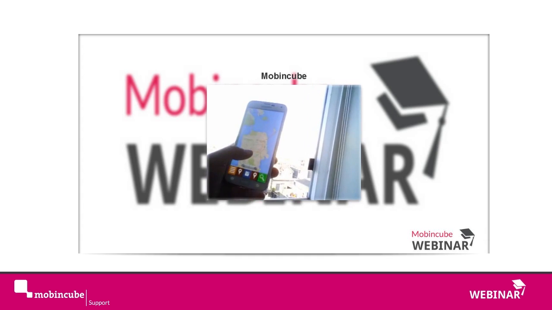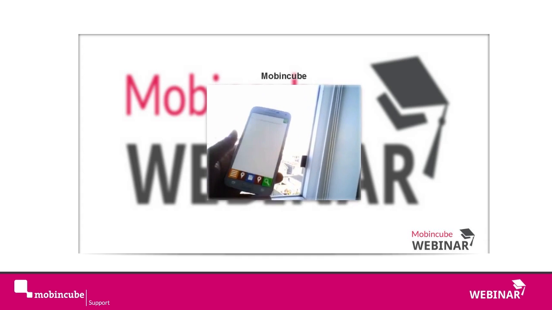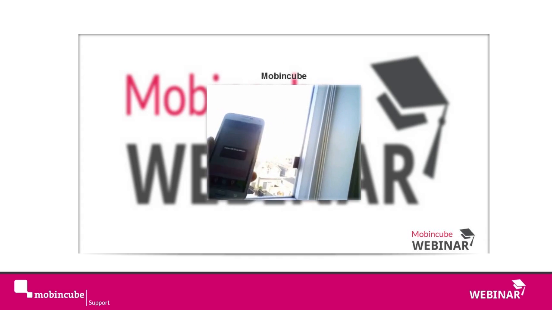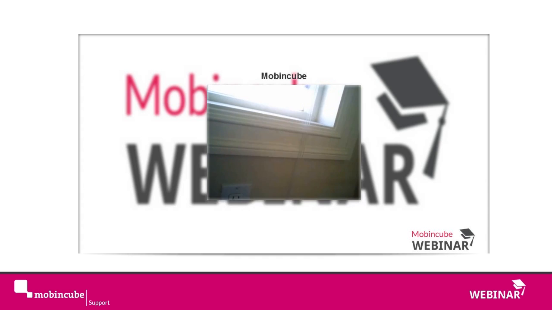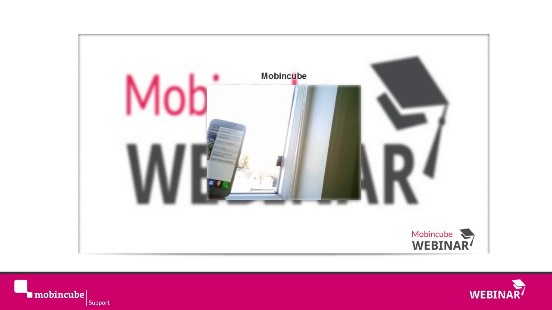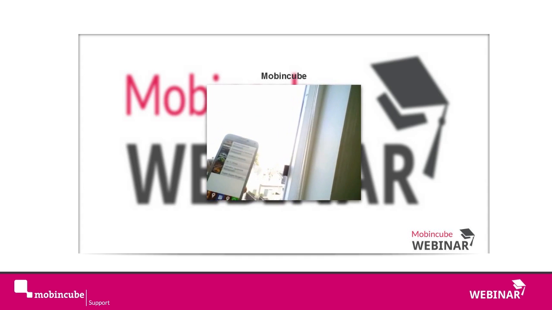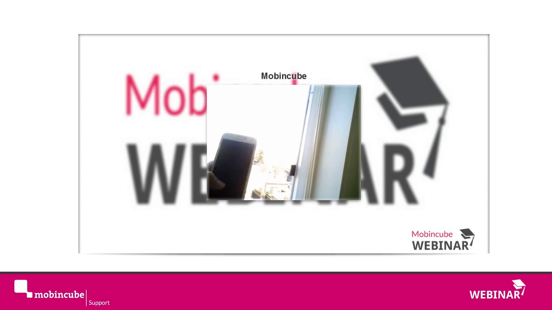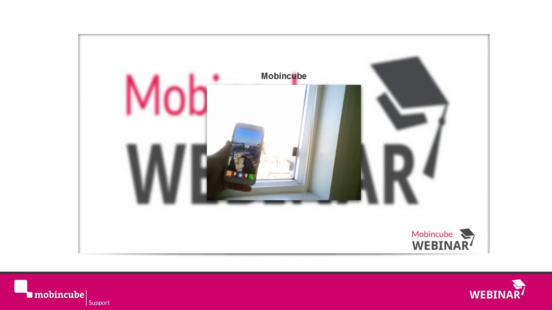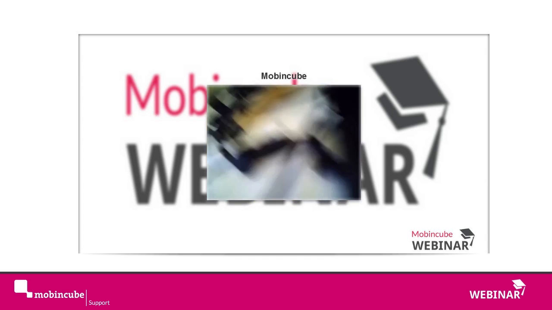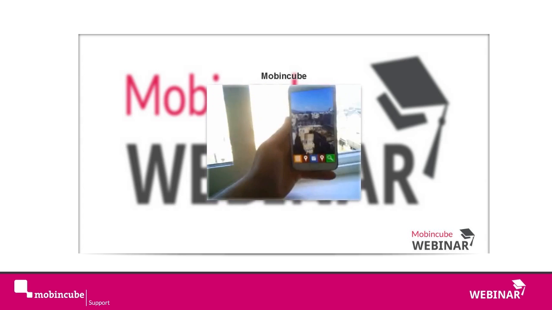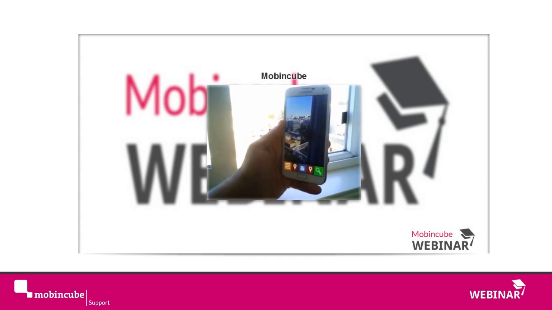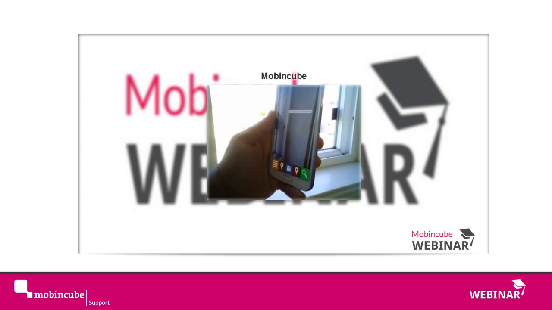Oh, now I have this filter. So no results. Live demos always. So if I use the augmented reality, now you see that some restaurants will appear.